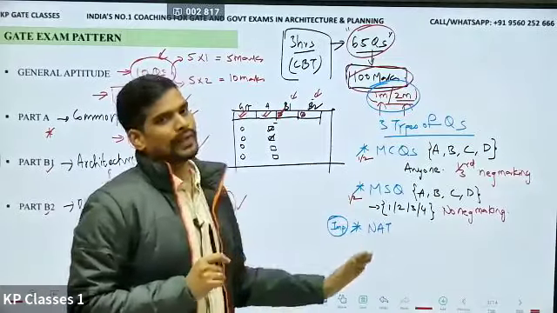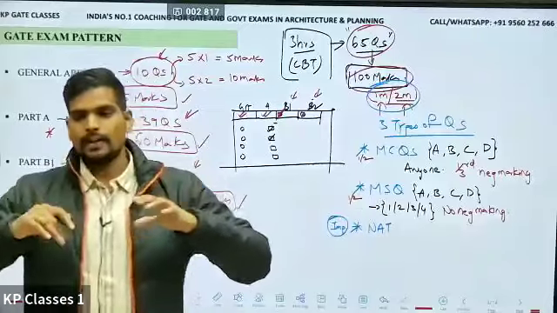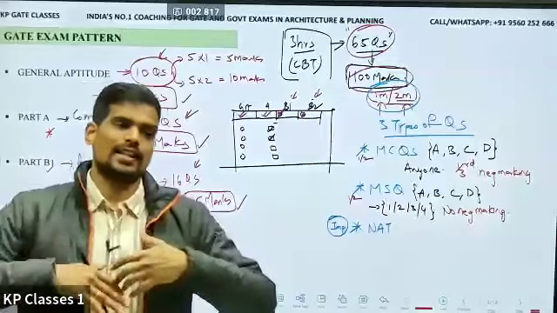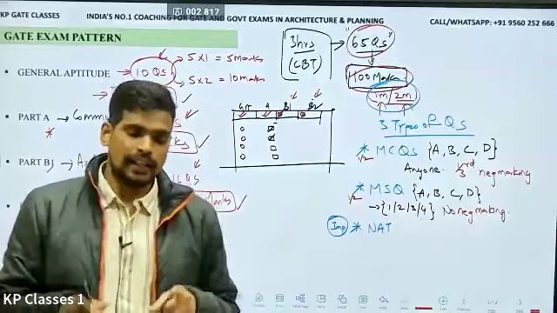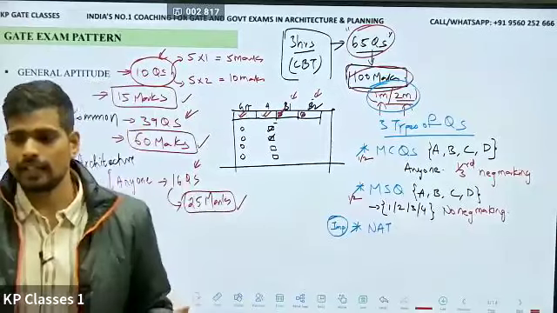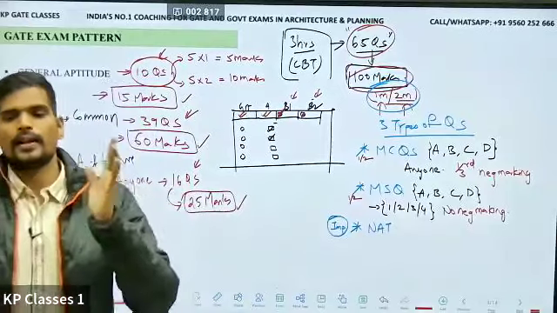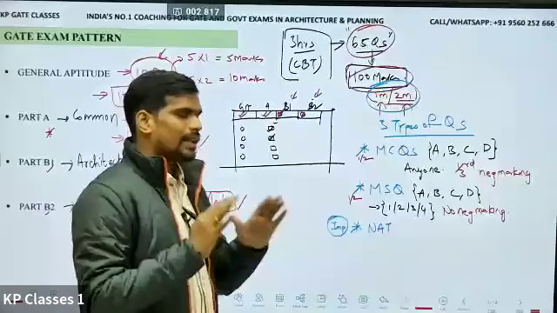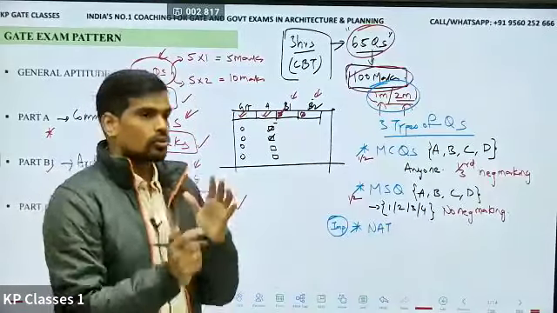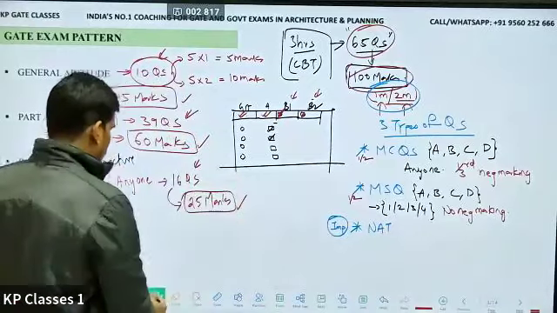You can boost your score very easily in this part, because in the theoretical part there is no boundary. I'm sure you know architecture, the subject itself is very vast, and in the GATE paper, IITs do take care to give you random questions from any new topic also every year. So in the theoretical part, there's no boundary. But the numerical part is something where you can have a strong foundation, and it is easy to score also if you have worked on that particular area.